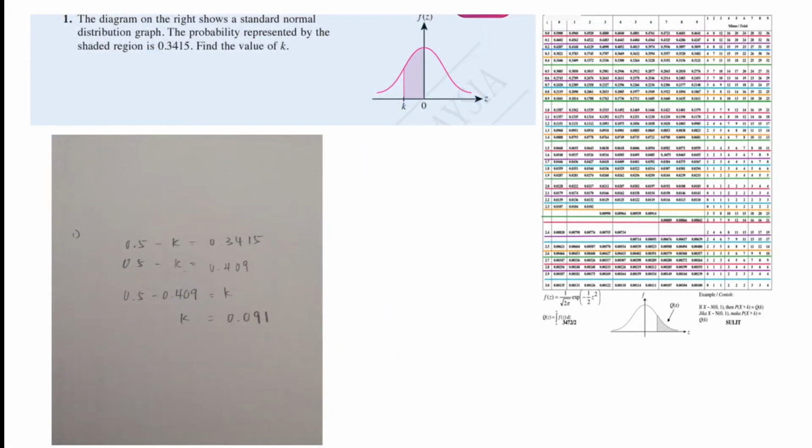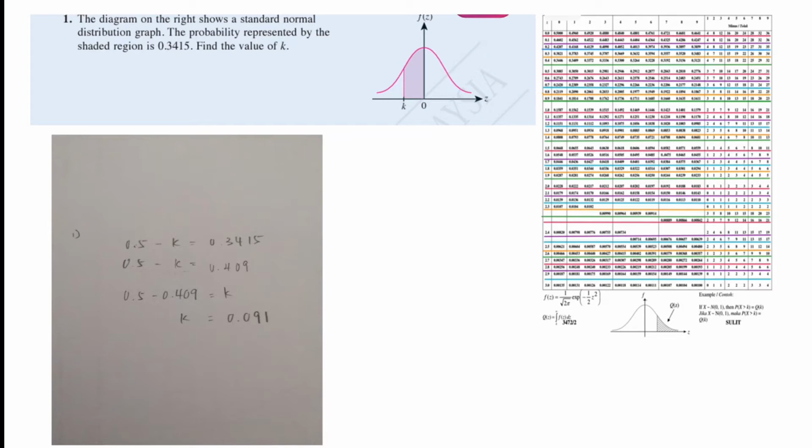The area represented by the shaded region is 0.3415 and find the value of k. The probability of the shaded region is 0.3415, so we need to find the k. From 0 to the right side of the graph is equal to 0.5.